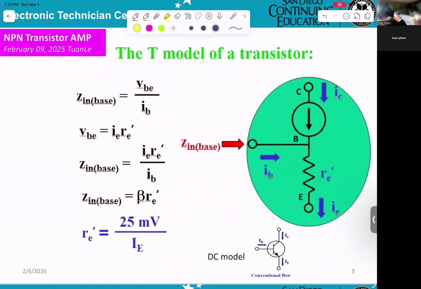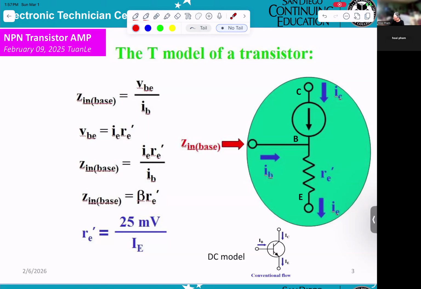Now we're talking about a new model of a transistor for AC, the T model of a transistor.